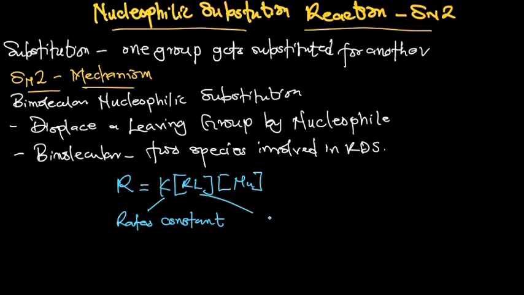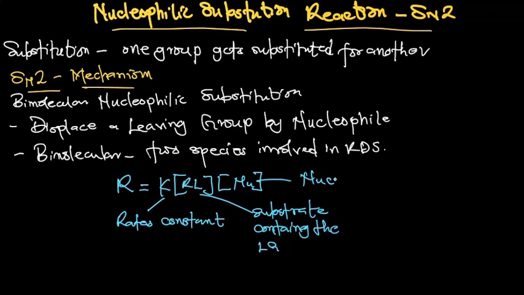The RL is the substrate containing the leaving group. So the R is just the alkyl, the L is the leaving group, and Nu is the nucleophile.